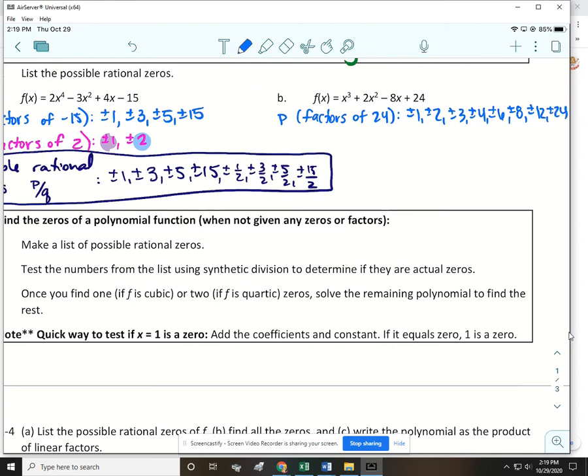Okay, that should be all of them. Then we'll have our q list, which are the factors of the leading coefficient, which is 1. Those are positive and negative 1.